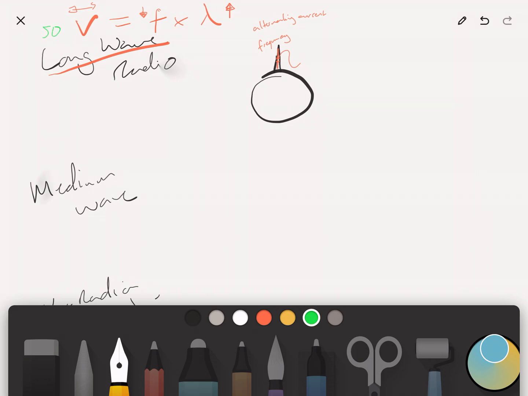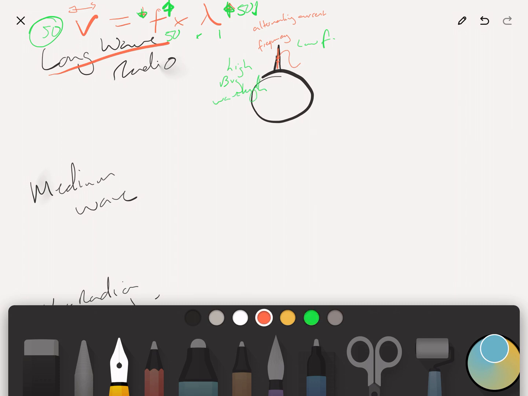I can either have 1 times 50, or 50 times 1. Either way, the speed of electromagnetic waves must stay the same. So in other words, if I've got a low frequency wave, it must have a very big wavelength.